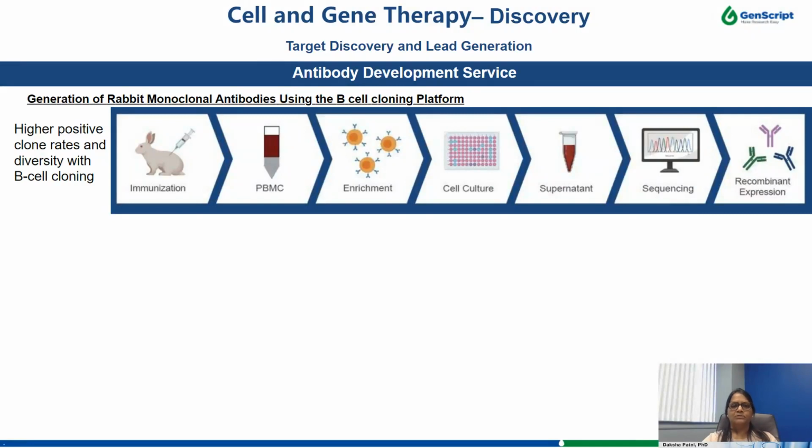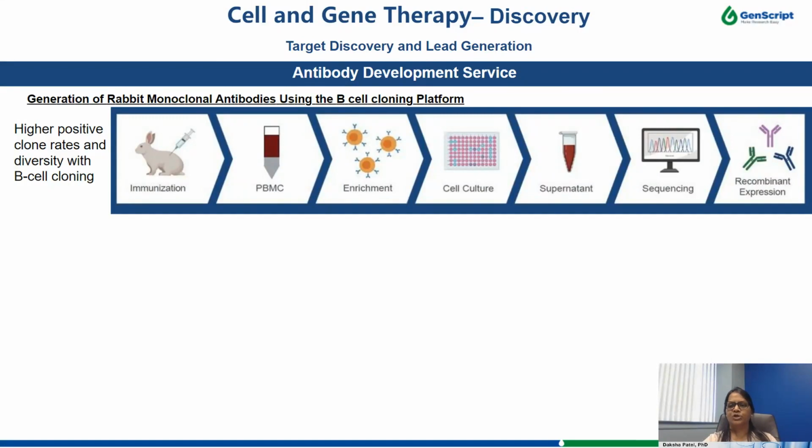Along with that, the antibody is also a very essential research tool in the scientific field and helps researchers to identify and quantify their protein targets, including protein localization, protein expression, and protein interaction detection, as well as cell analysis.